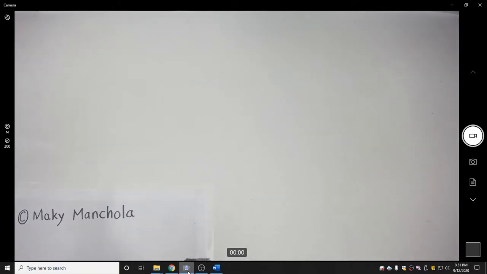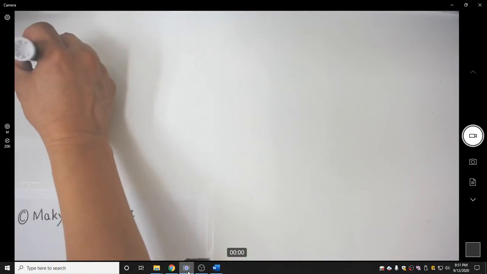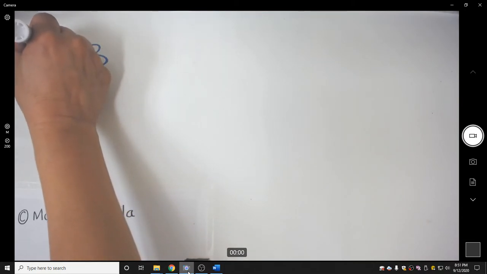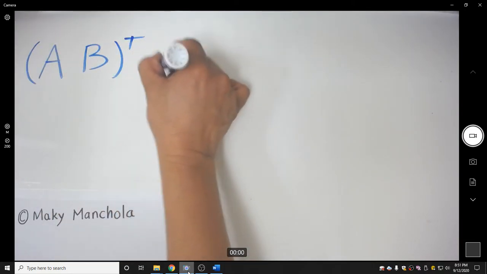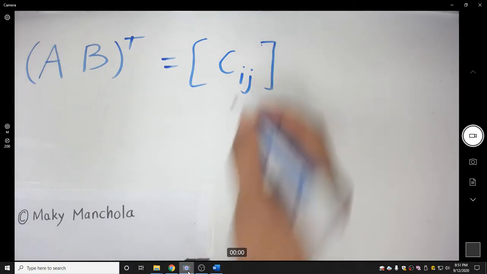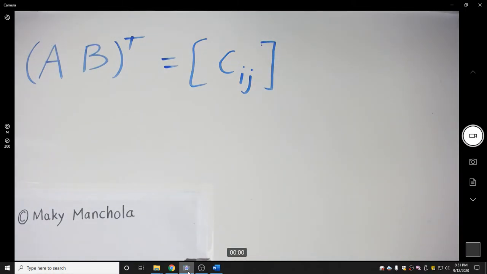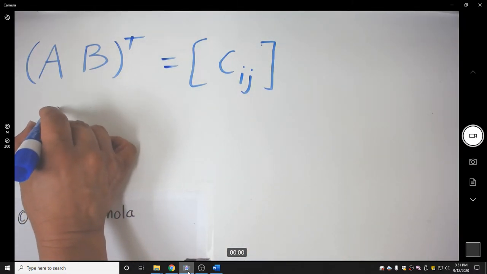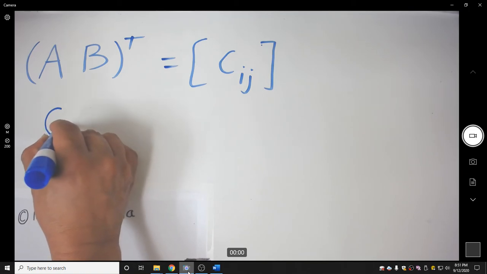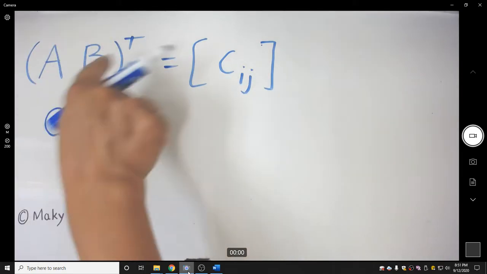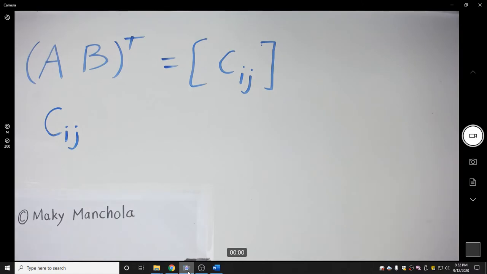So let the transpose of AB be the matrix that has entries Cij. Cij is the ij entry of (AB) transpose.